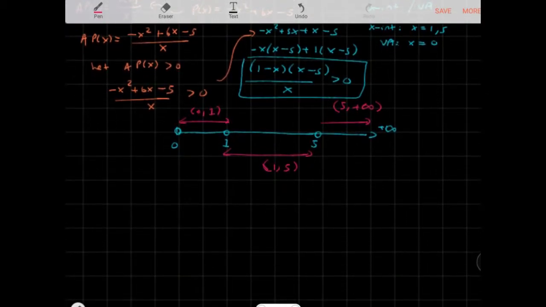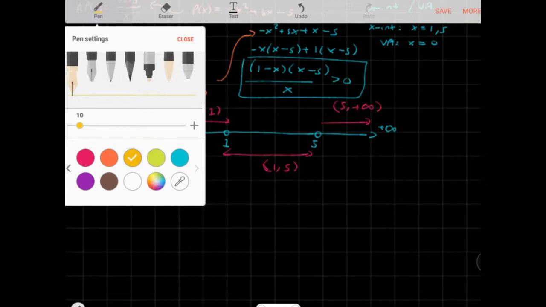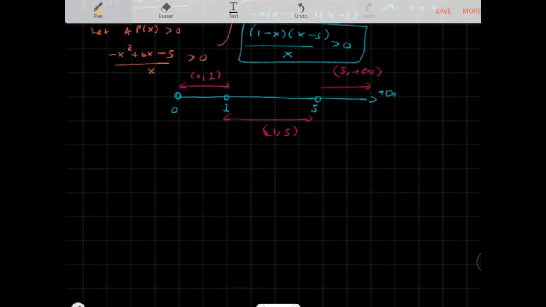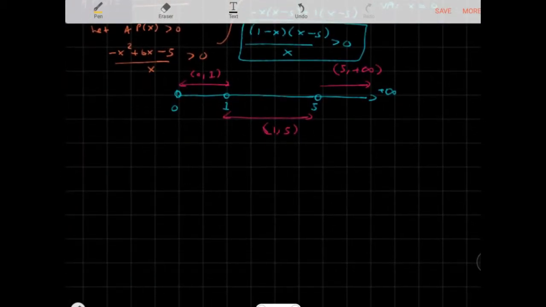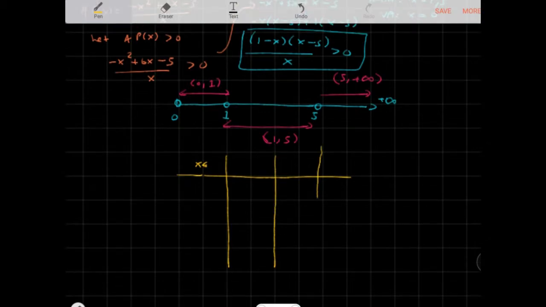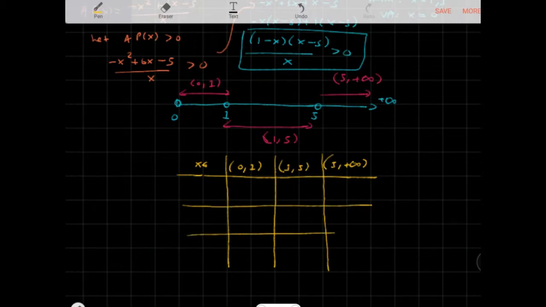And to test these intervals, I'm going to create a table of intervals. I'm going to place my intervals up top. You tend to use a ruler for this: 0 and 1, 1 and 5, and 5 and positive infinity. And I'm going to put my factors here.